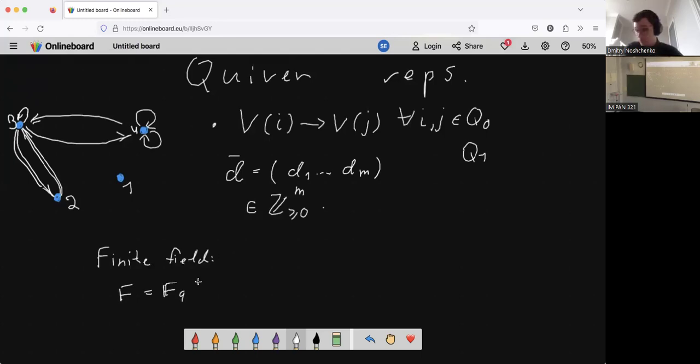This is just the Galois field, and basically it consists of q elements. So as a set, it is just a collection of q elements: 0, 1, up to q minus 1. And usually, if you want to fix q, it is some prime number to some integer power.